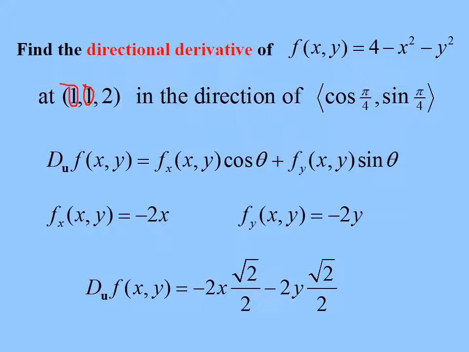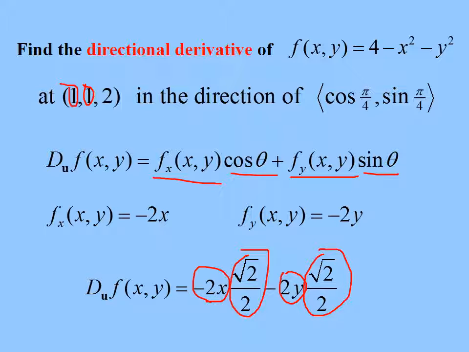And we substitute those in. Here's my partial of x. That's negative 2 times 1. That would be here. Here's my cosine theta. That's cosine pi over 4. Here's the partial of y. And the sine theta. That's the sine of pi over 4.